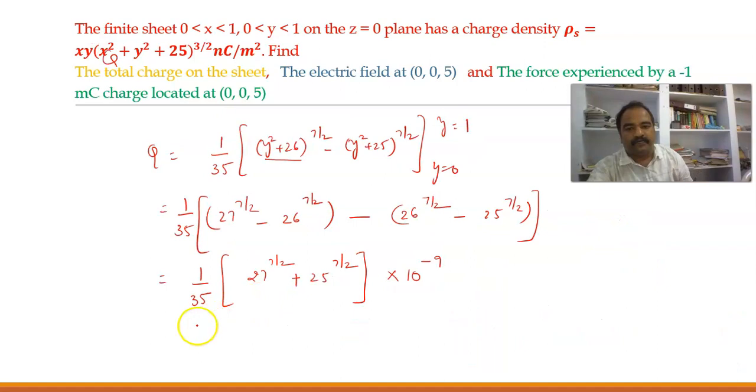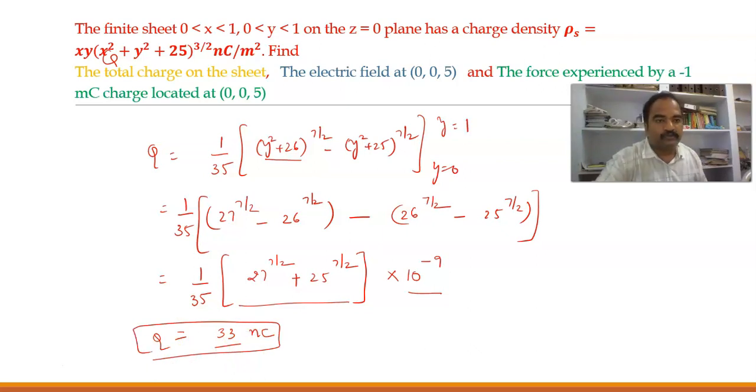So this is the final answer, and you will get somewhere around 33. This can be represented as nano, and this is coulombs. So Q is in nano coulombs. This is the way we compute the charge on this sheet. In the next video lecture we will try to compute the electric field at this particular point. Okay, that's it for today.